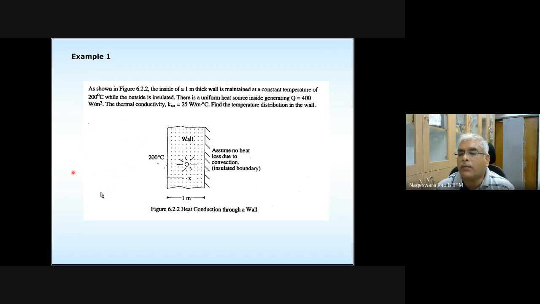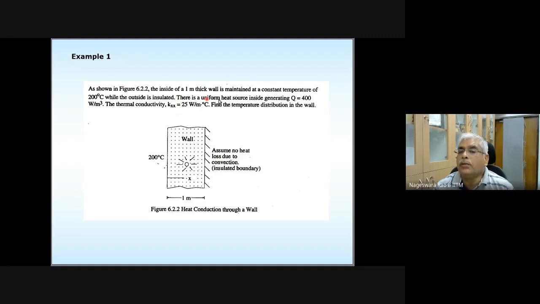You can imagine this wall is part of a furnace, inside the temperature is 200 degrees centigrade, outside is insulated. You are not allowing heat to go out, because this is a furnace. Inside, I am going to do some experiment or I am going to melt something. I need to maintain 200 degrees centigrade inside, while the outside is insulated, no heat flow.